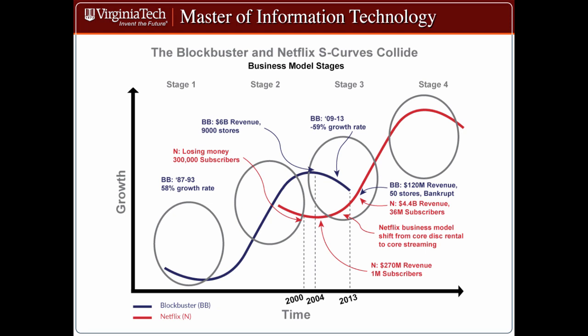We see some shifts from purely mail order DVDs versus being able to go into the store to rent a Blockbuster video, and some shifts to streaming. What's interesting is that Blockbuster, around the same time, tried to shift their business model into streaming. So as an incumbent, they tried to adapt, not right away, but relatively quickly, to the new streaming world, and were unsuccessful. So why is Blockbuster bankrupt? Netflix plays a role in this, but perhaps there's another player or more information that's relevant.